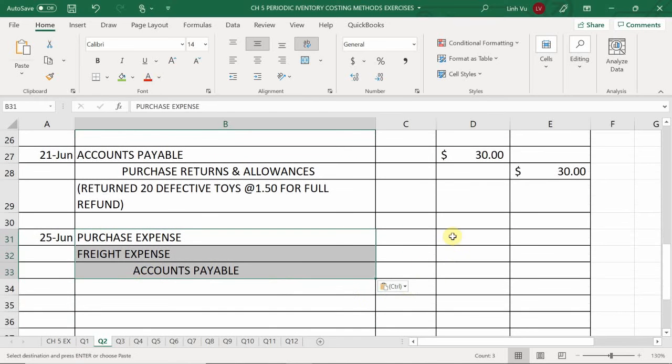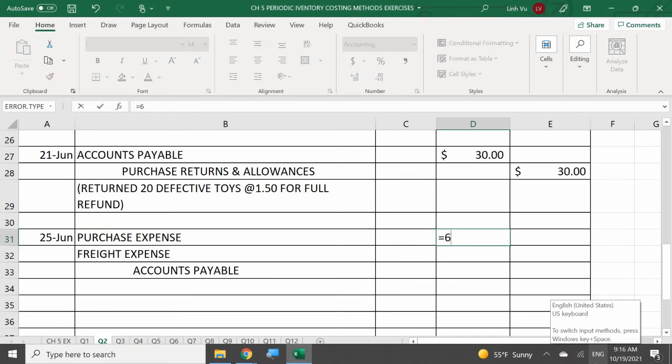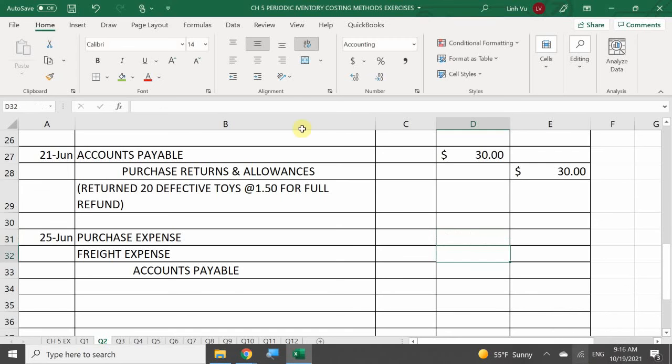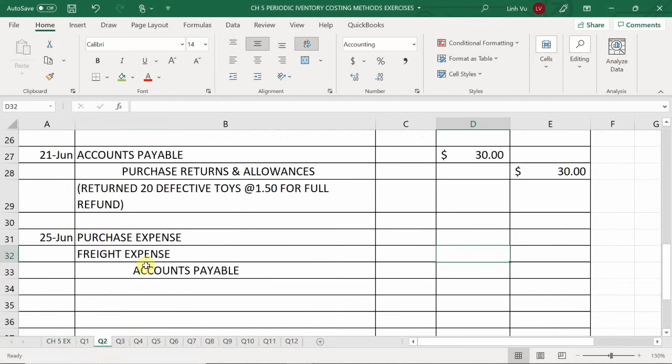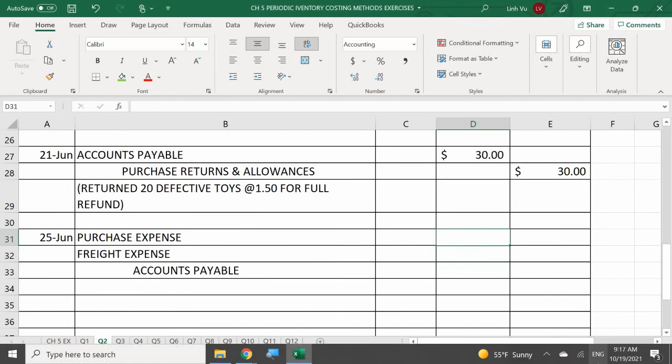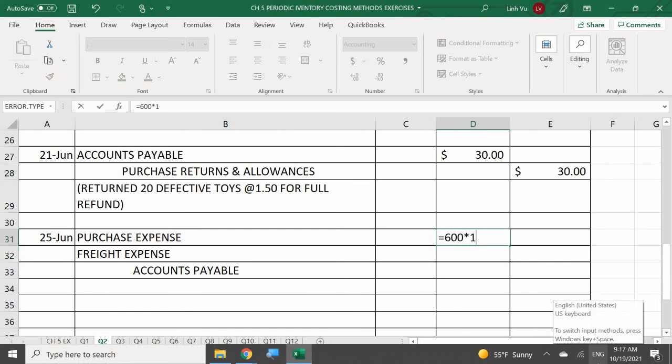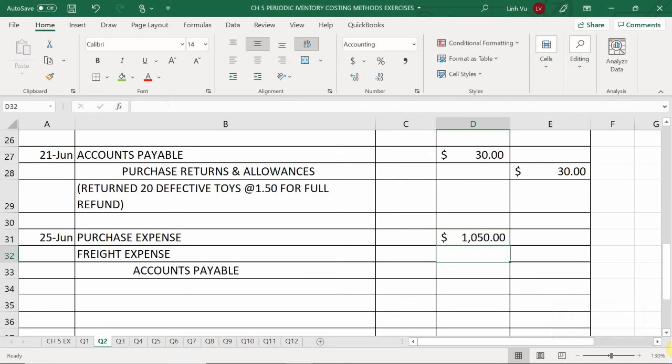So purchase expense was the 600 at $1.75. So how much is that? Or sorry, 600 is 300. 50, I believe. Let me get that correct. 600 toys at $1.75. Okay, 1050. 1050.